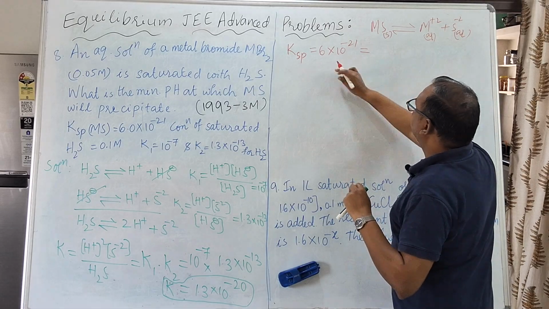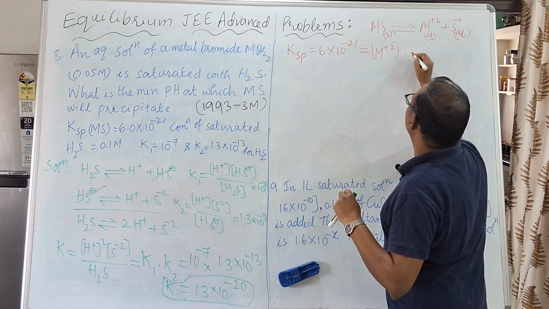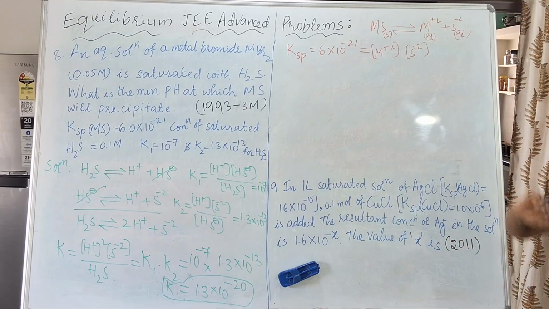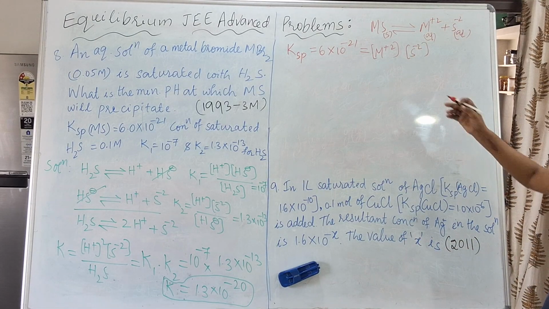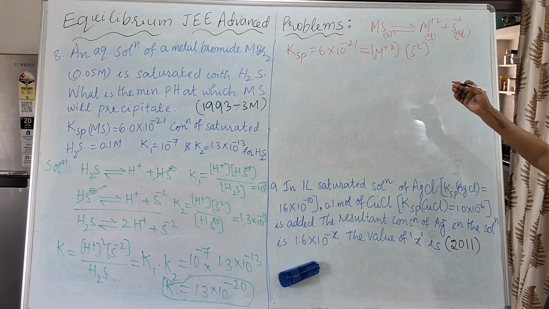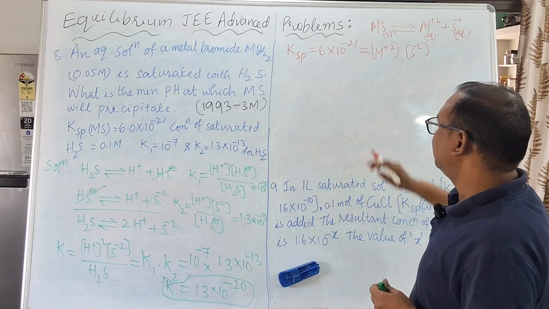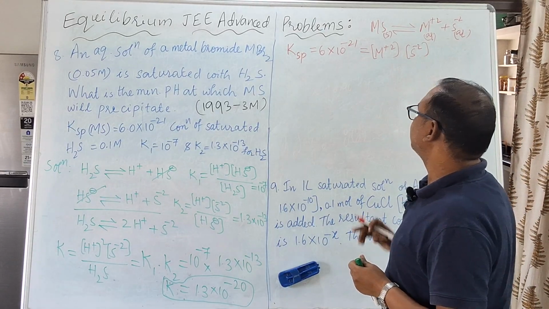Therefore Ksp equals concentration of M plus 2 into concentration of S minus 2. Just observe from the above equation that 6 into 10 power minus 21 is the product of M plus 2 and S minus 2.